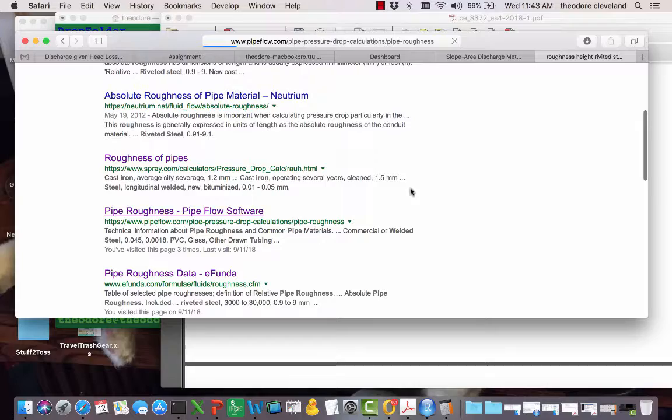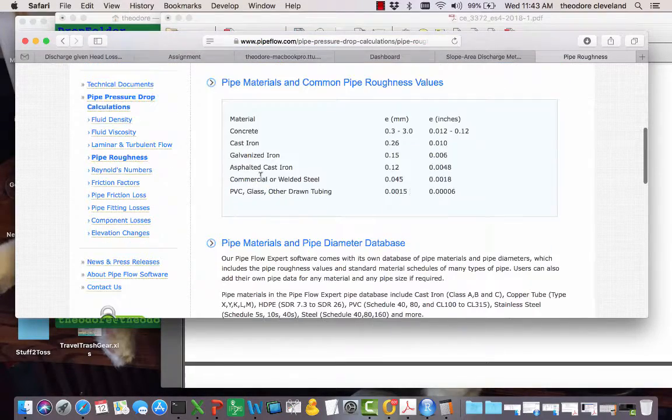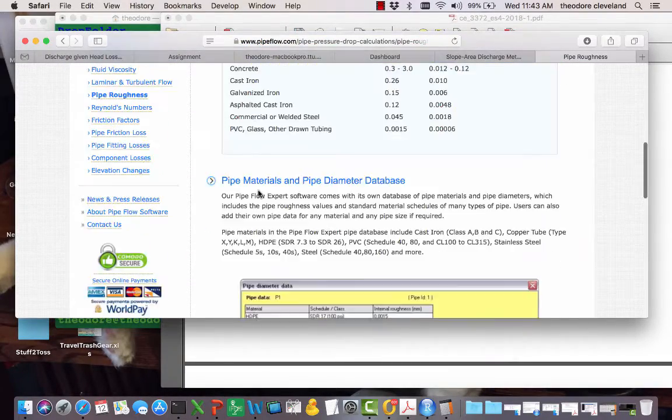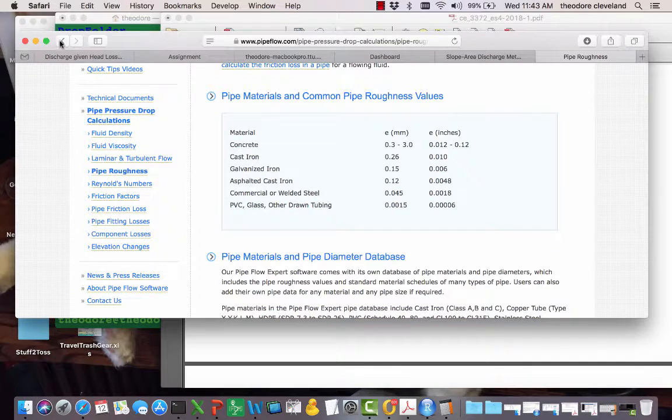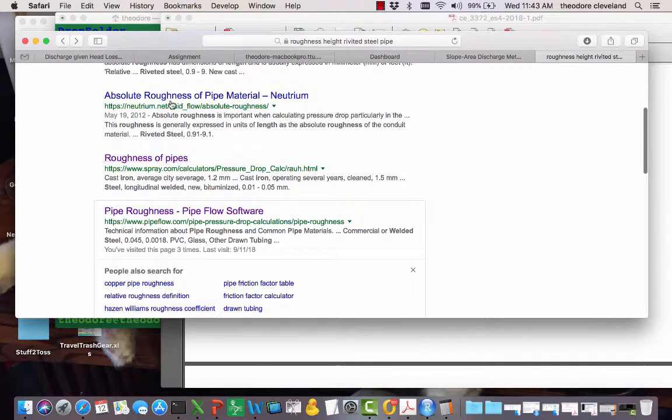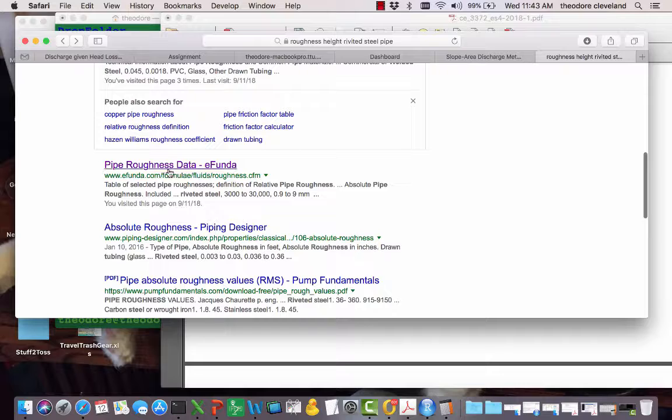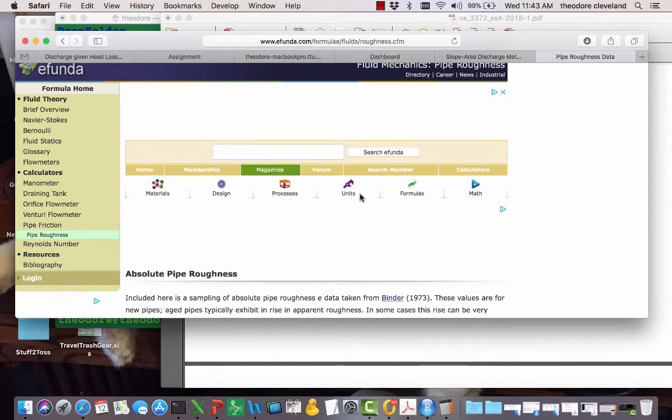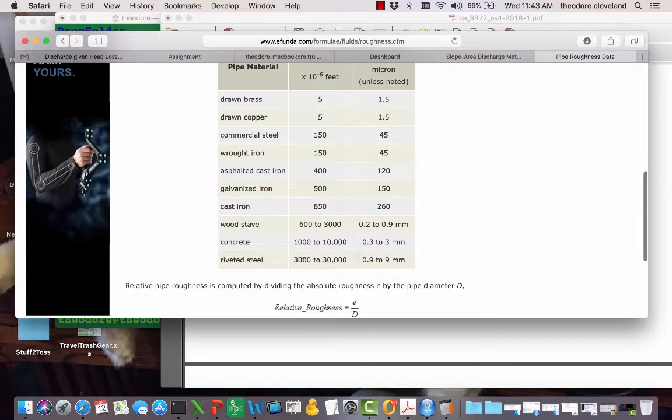I think I chose this one. It does not have riveted steel as an option, so we'll go back. We'll try that one. Clearly has the word riveted steel. It says riveted steel is 3,000 to 30,000. Let's use the higher one, 30,000.